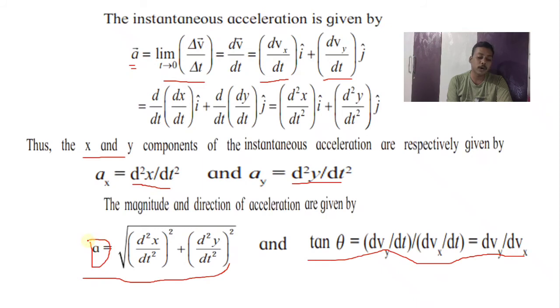This is the formula for acceleration. Similarly, tan theta gives the direction, so tan theta is equal to dvy by dt upon dvx by dt, dt gets cancelled, dvy upon dvx. This one is the formula for the direction of instantaneous acceleration, and this is the formula for the magnitude of instantaneous acceleration.